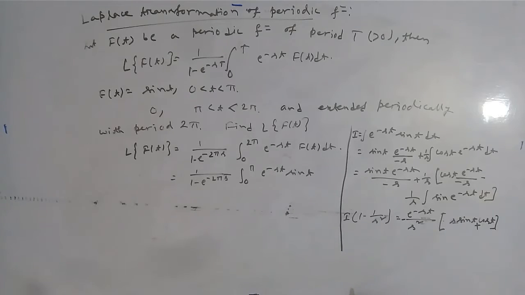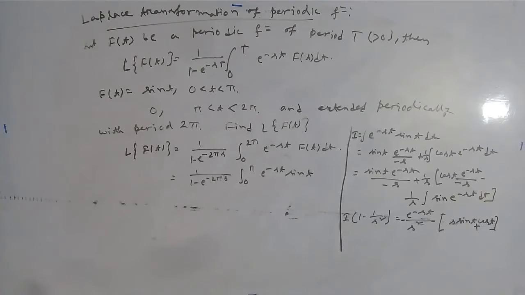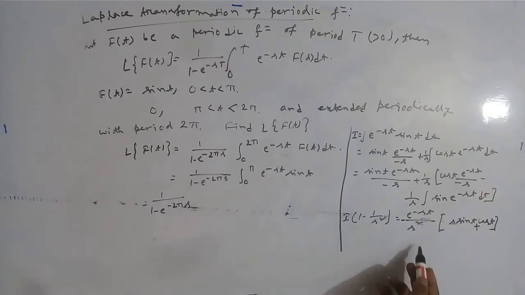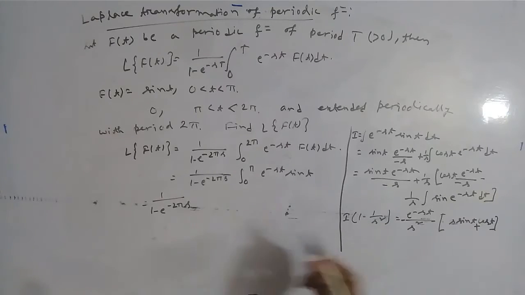Now if we put the limit 0 to pi, then it will be 1 by e to the power minus 2 pi s. So s square is being cancelled out, then the constant part is s square minus 1.